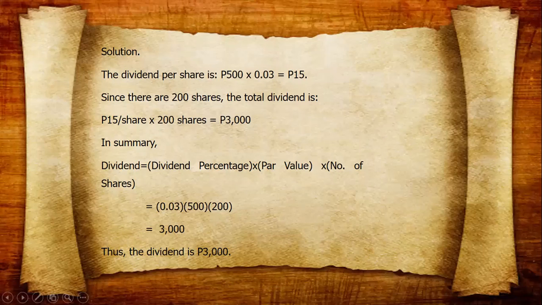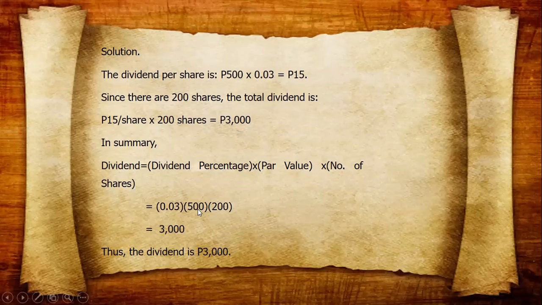Or, para diretso na nato makuha, di nata kinahanglan makuha sa dividend share, the formula in getting the dividend is dividend percentage times par value times the number of shares. Multiply nimo ng tulo, you will get the dividend. So, dividend percentage is 0.03.